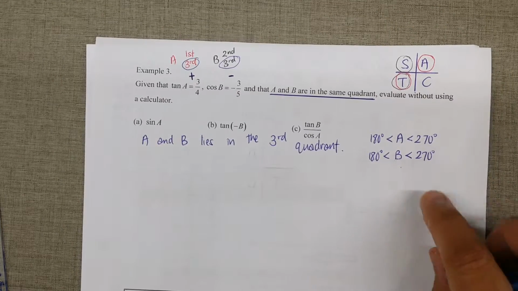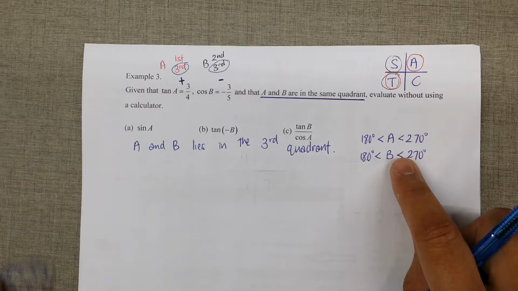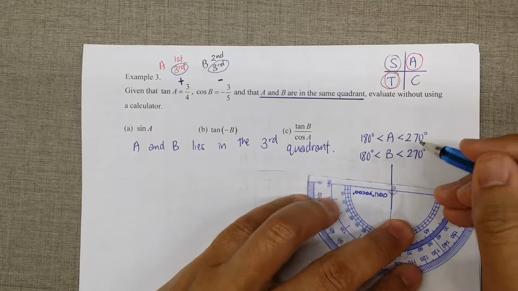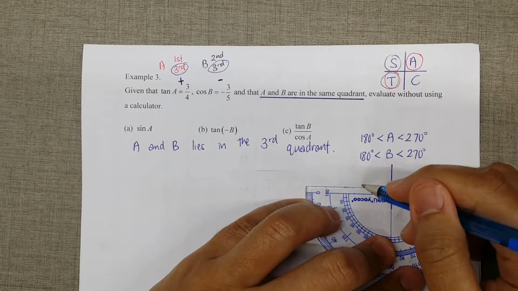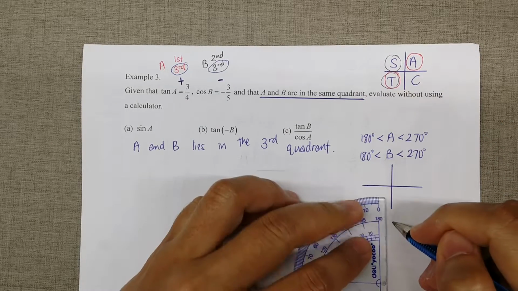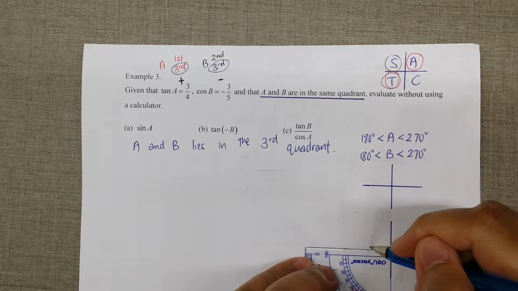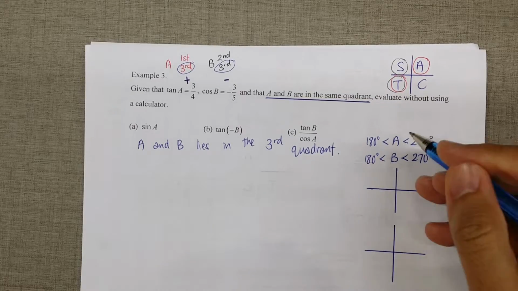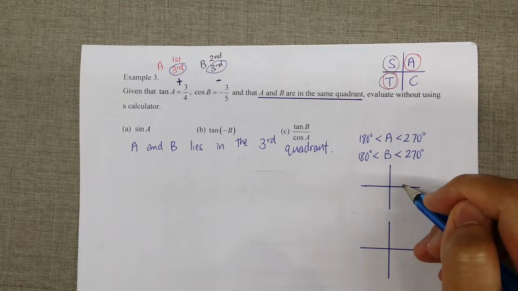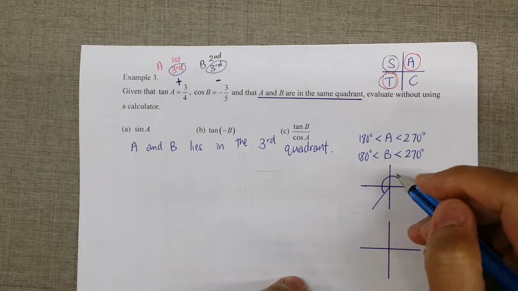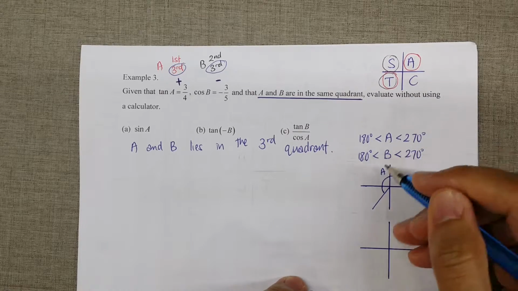A lies in the third quadrant. So I will draw a diagram for both. A lies in the third quadrant, so angle A will be this big.